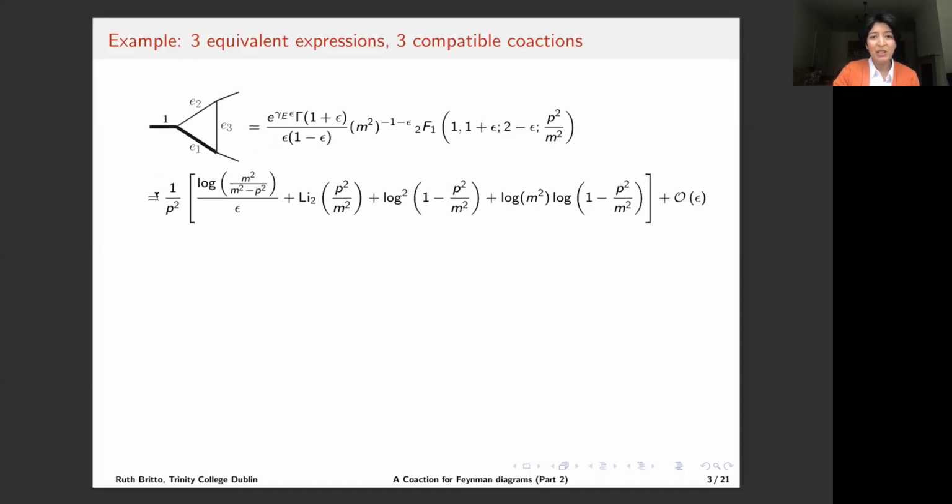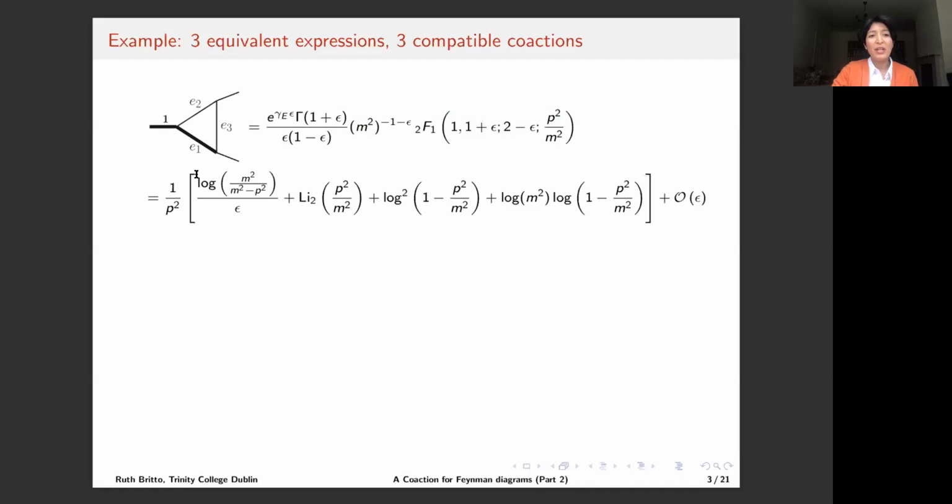This is then what we understand as the usual expansion in, here just logs and dilogs, but if you go farther in the epsilon expansion, then you get a larger range of multiple polylogs. But we also have a closed form expression for it in terms of this hypergeometric function 2F1.